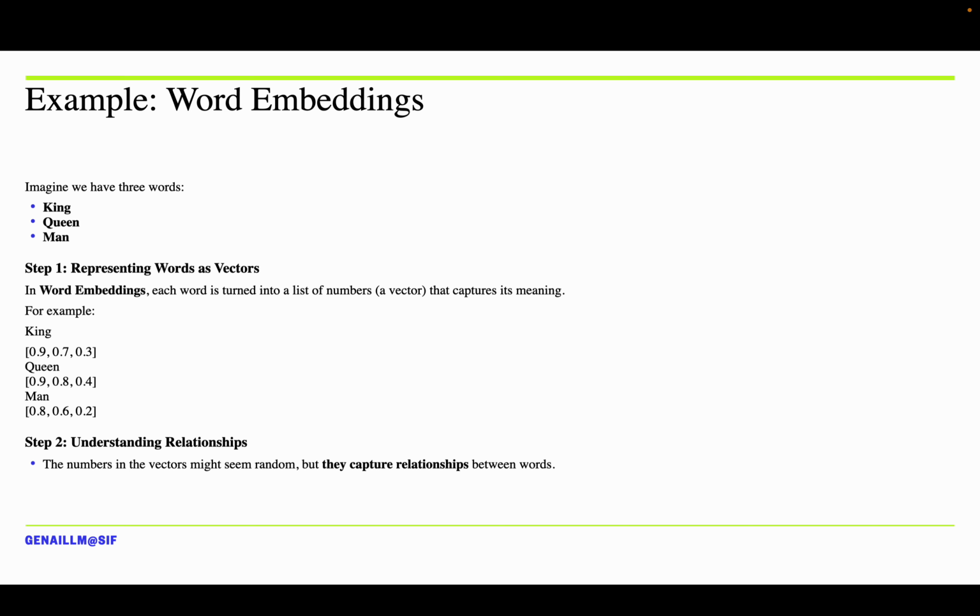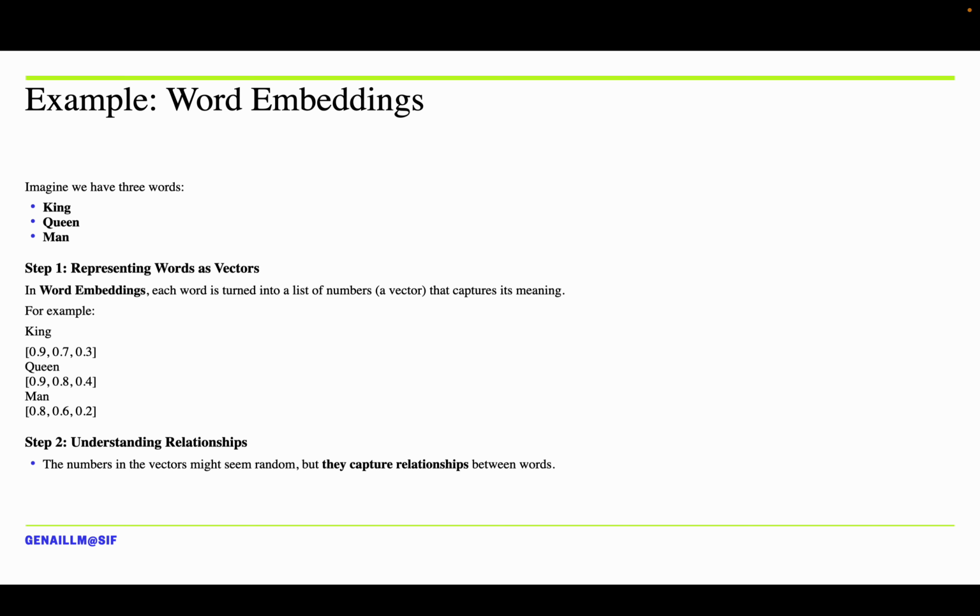Step 1, representing words as vectors. Suppose we take three dimensions, so we define king as 0.9, 0.7, 0.3, queen as 0.9, 0.8, 0.4 and man as 0.8, 0.6, 0.2.